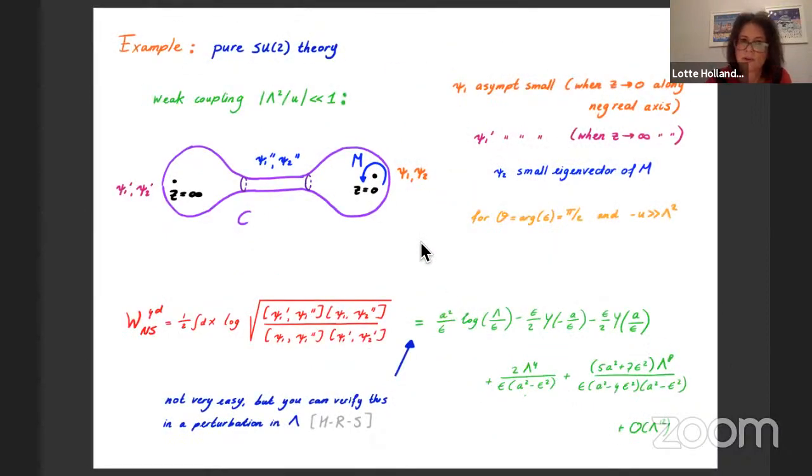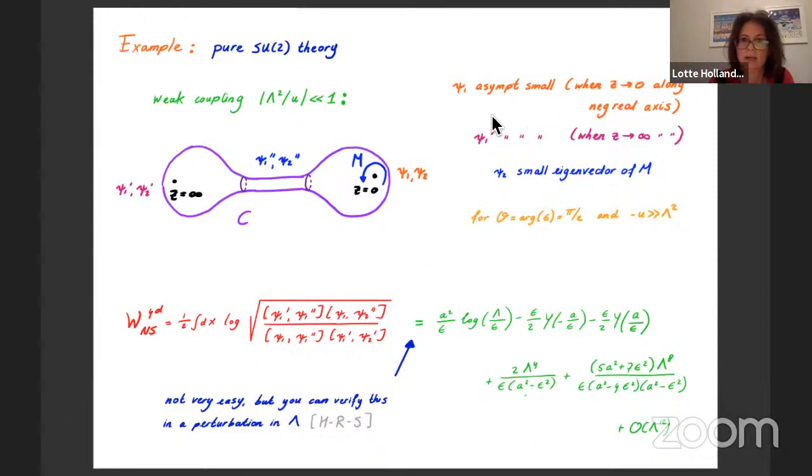In this case, how do we reformulate the superpotential in terms of Wronskians? We again introduce some solutions to this Mathieu differential equation.